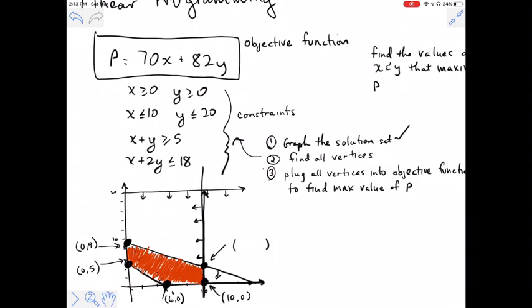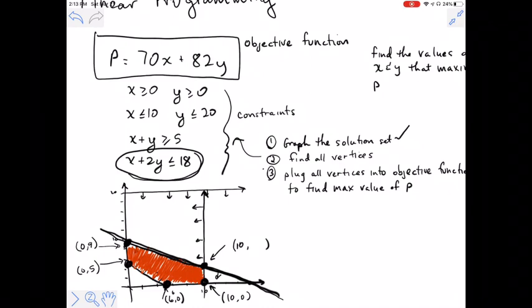This point, I know since it's on this line right here, that's the line representing x equals 10, so I know at least the x value of that point has to be x equals 10. I'm not 100% sure at this point of the y value, but I know that it's also the intersection of this inequality right here, which came from that inequality. So that line, if I want to change it into an equation, is x plus 2y equals 18.